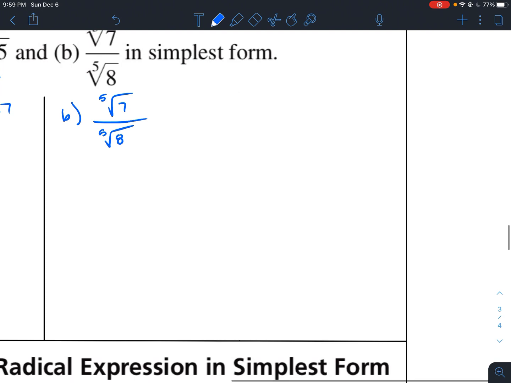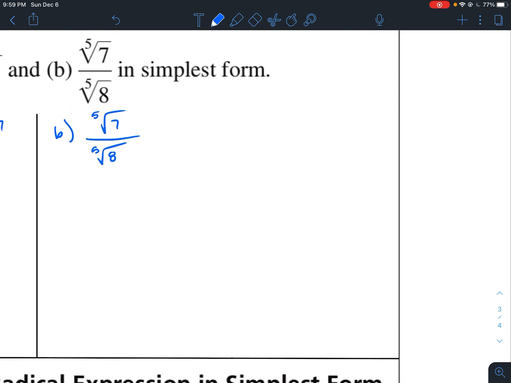So I have the fifth root of 8, which I know I can't take. But is there something I can take the fifth root of? So I know if I take 2 and if I multiply that 5 times, that's going to be 4, that's going to be 4, this is going to be 16, and this is going to be 32. This is good information because I know I can take the fifth root of 32 and get 2.